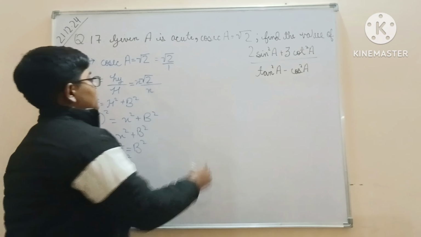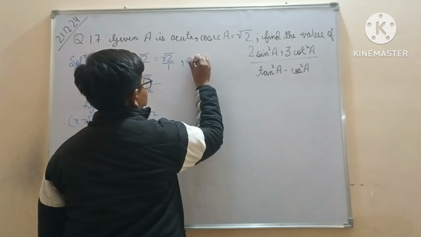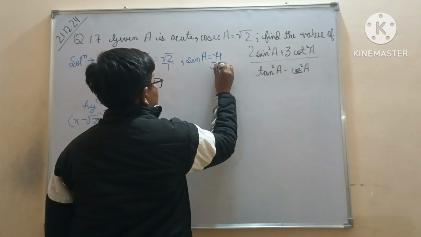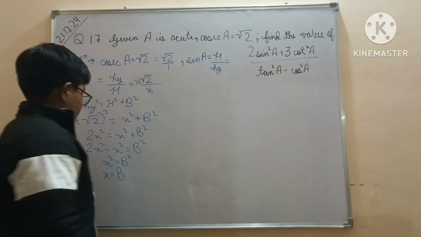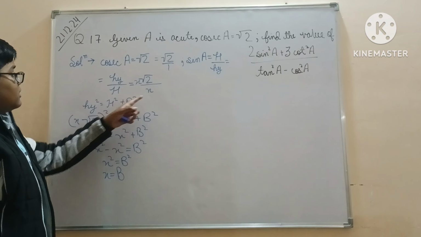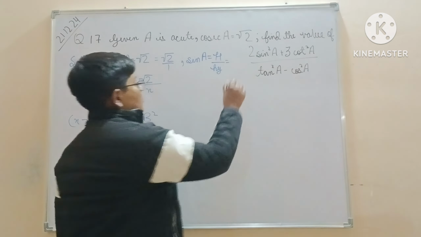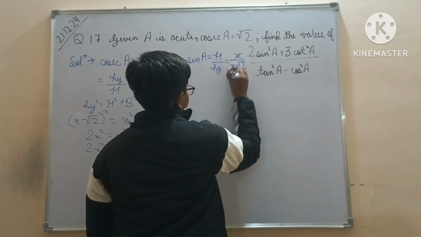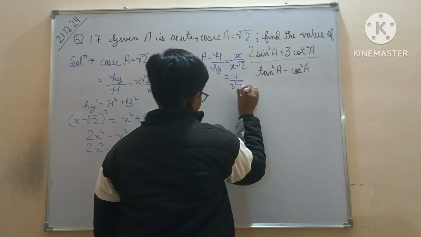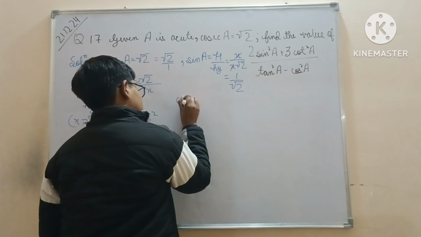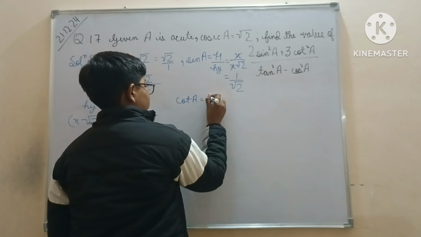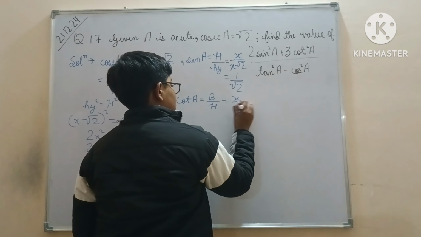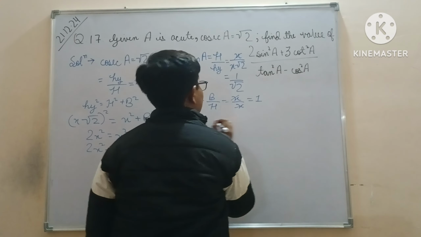Now we will find the value of sine A. Sine A is height divided by hypotenuse. Height is x and hypotenuse is x root 2, so this will become 1 divided by root 2. Cot A is base divided by height, so it will become x divided by x, which cancels and becomes 1.